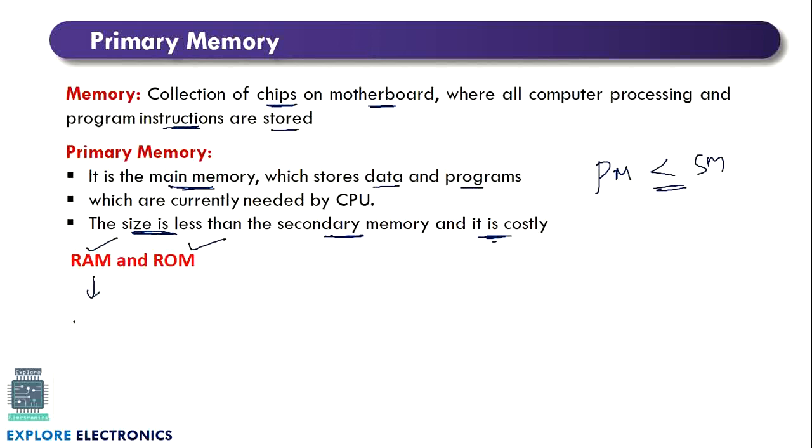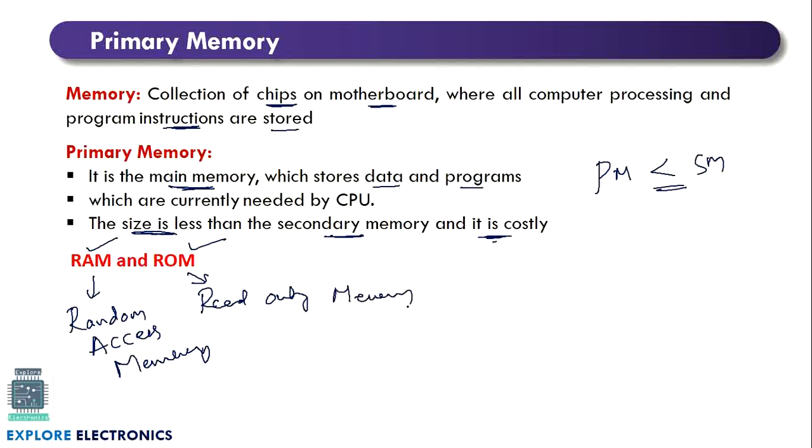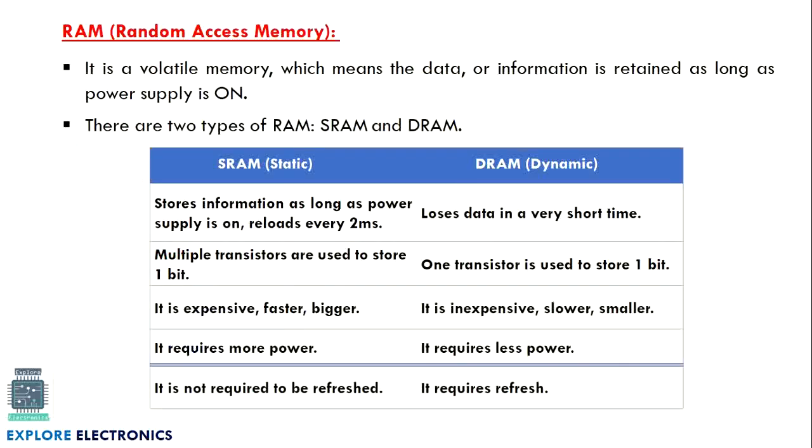RAM, you know, that is random access memory, right? ROM means read only memory. Okay. Now let us understand what RAM and ROM are. First one is RAM, random access memory.